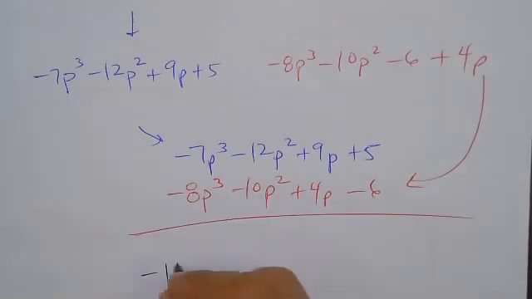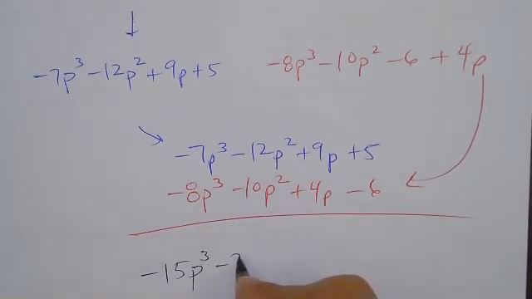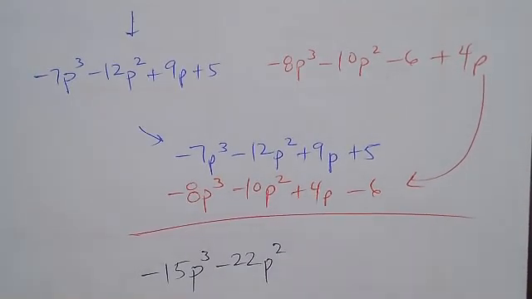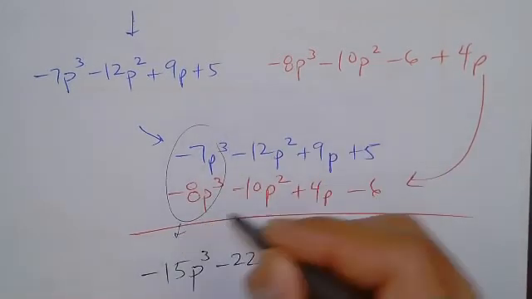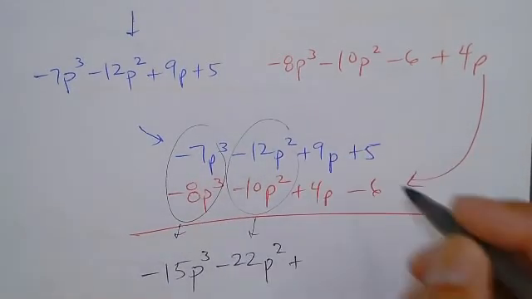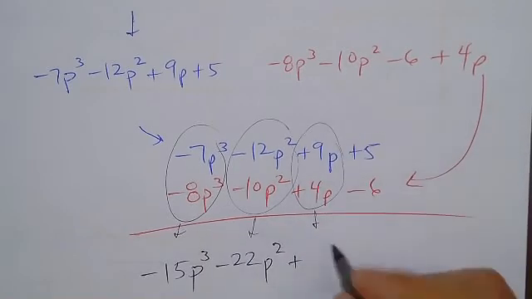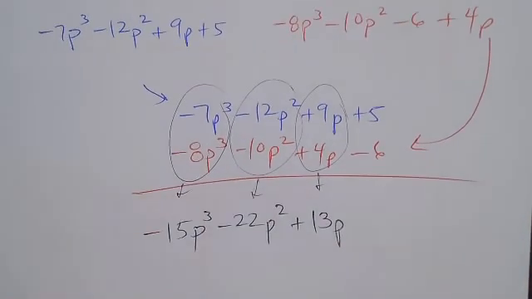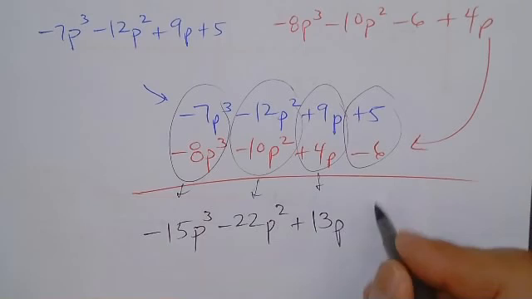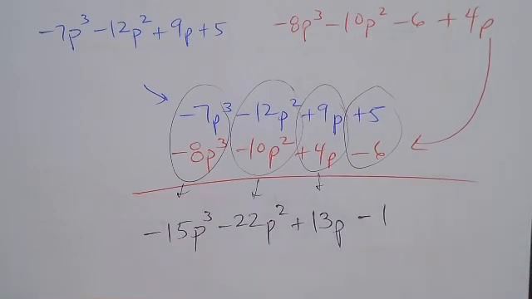All right, let's compare answers, see if we got it correct. Negative 15p cubed, negative 22p squared plus, right, this adds up to a 13p minus 1.